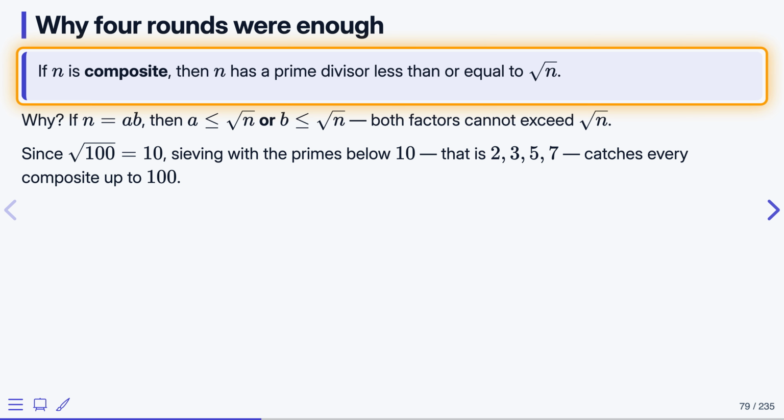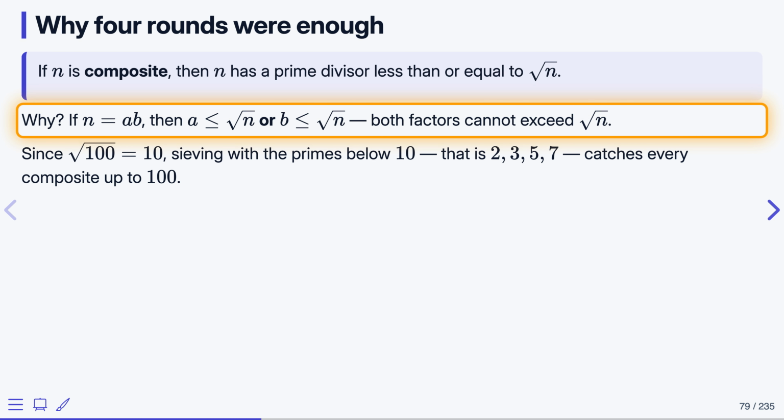Now, why did we only sieve with 2, 3, 5, and 7? This is the key fact. If a number n is composite, then it must have a prime divisor no bigger than the square root of n. The reason is simple. Suppose n equals a times b.